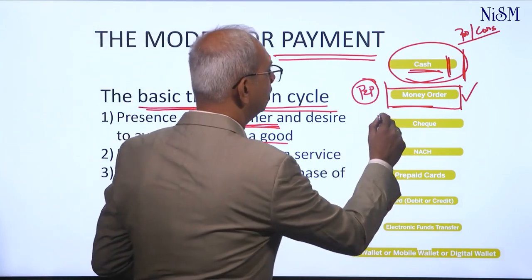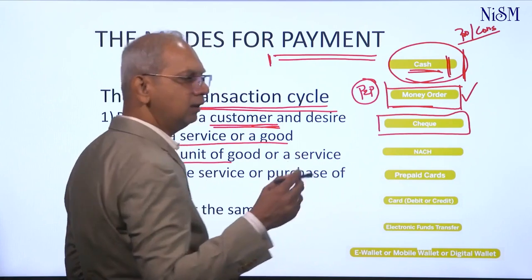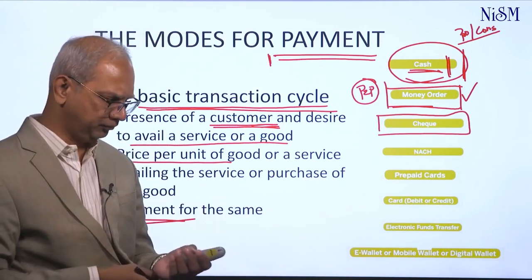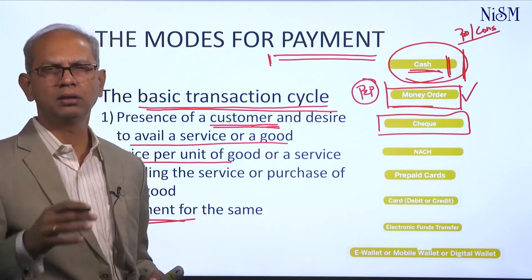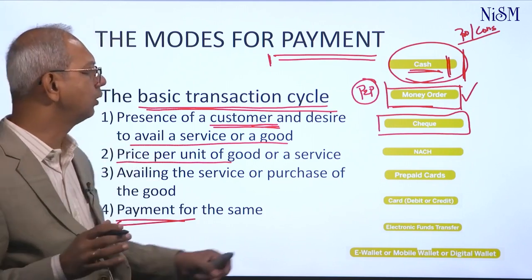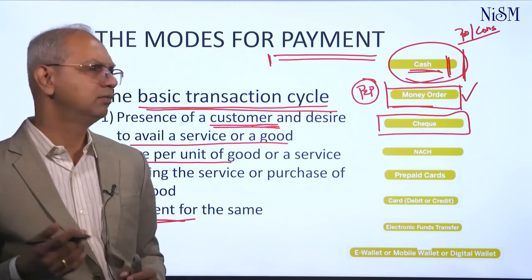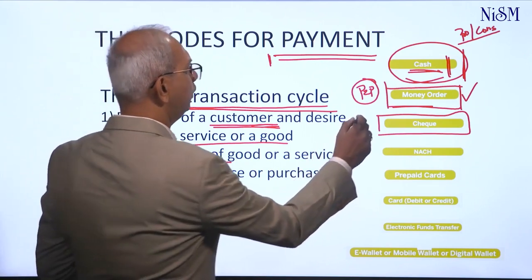The other one, even currently, is still in use, though not on a large scale: the smaller undertakings do resort to check as a mode of payment for any good or service availed, including P2P.